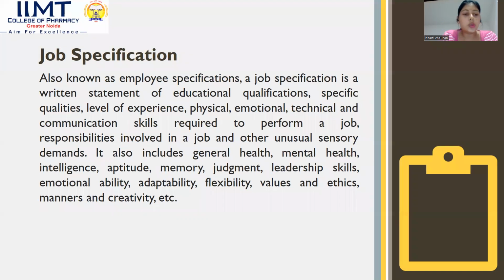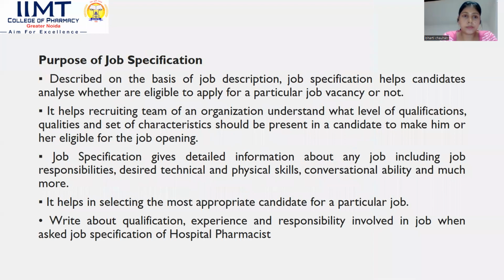He should have intelligence, aptitude, and memory, judgment, leadership skills with emotional ability, adaptability, should be flexible around their time. Values and ethics are most important for the role of pharmacist. So manners and creativity is also one of them.